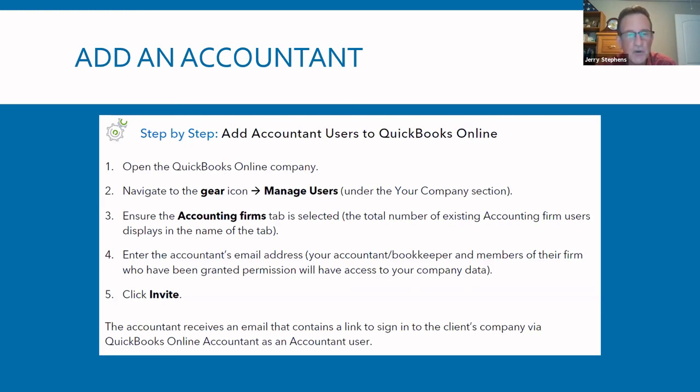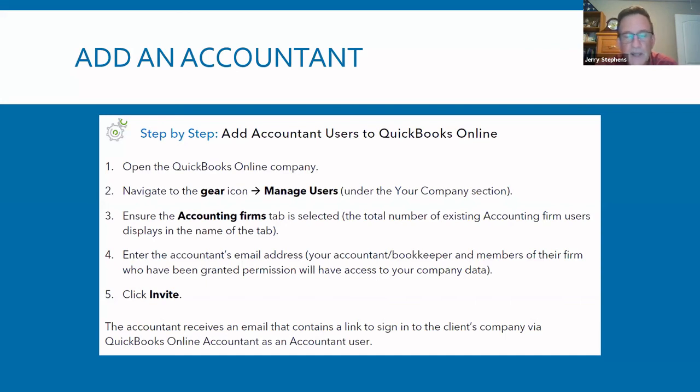Under manage users, like you would for some of the other users within your firm, there's an accounting firm tab that you would use to enter the accountant's email address. So you may have met with an accounting firm or a bookkeeper, and you decided that's who you would like to go with.